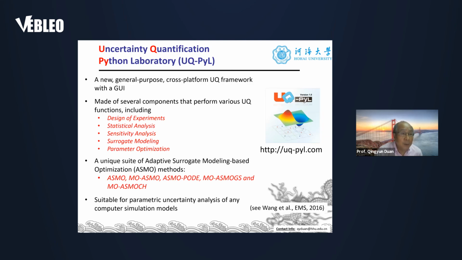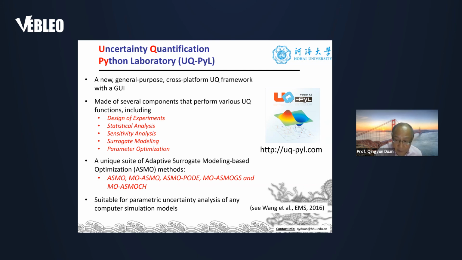And finally, I just want to show you that we have developed a software platform which incorporates all of those techniques. It's not just the optimization, but also design of experiment, statistical analysis, sensitivity analysis, etc. It's open source software called Uncertainty Quantification Python Laboratory, UQPyL, and you can download it from this website.